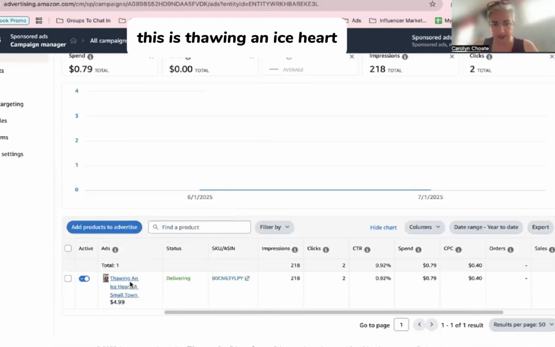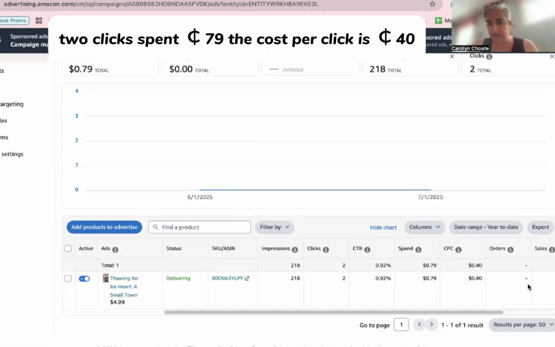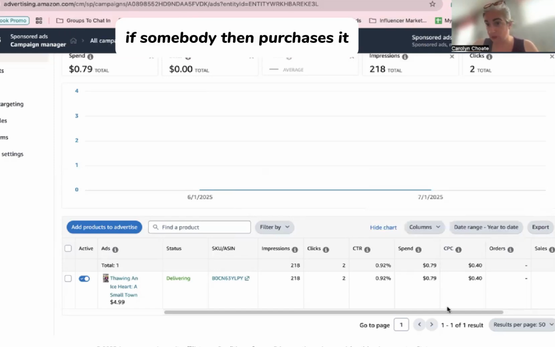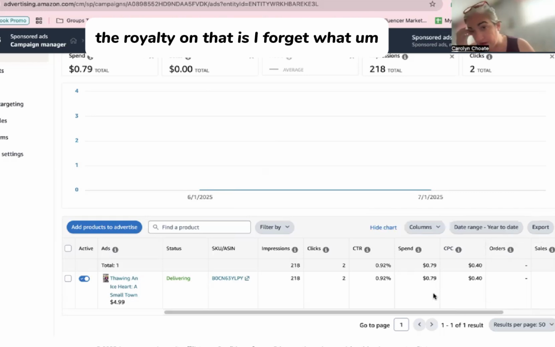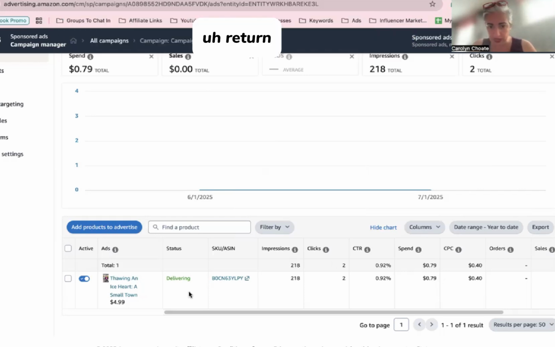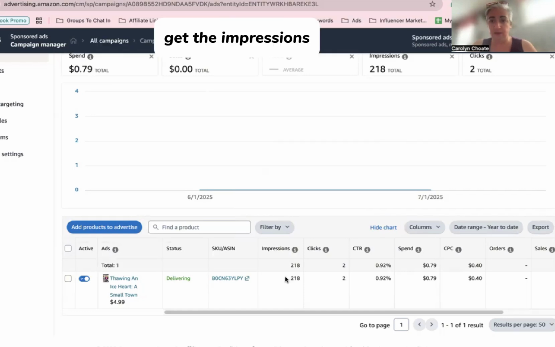This is Thawing an Ice Heart, and it has had 218 impressions, 2 clicks, spent 79 cents. The cost per click is 40 cents. If somebody then purchases it, the royalty on that is, I forget what, $3, I think, something around there. So not bad return.